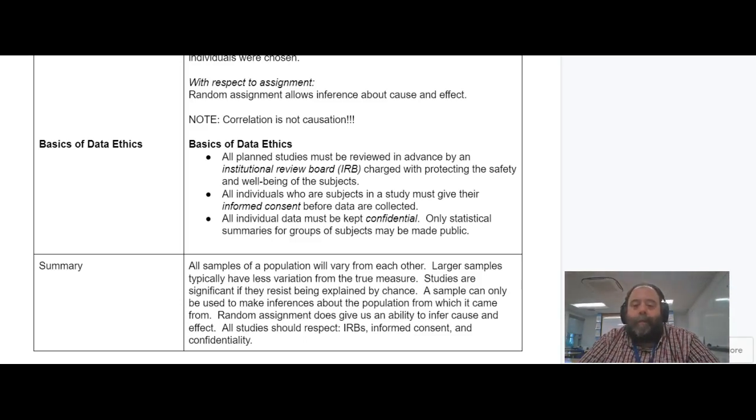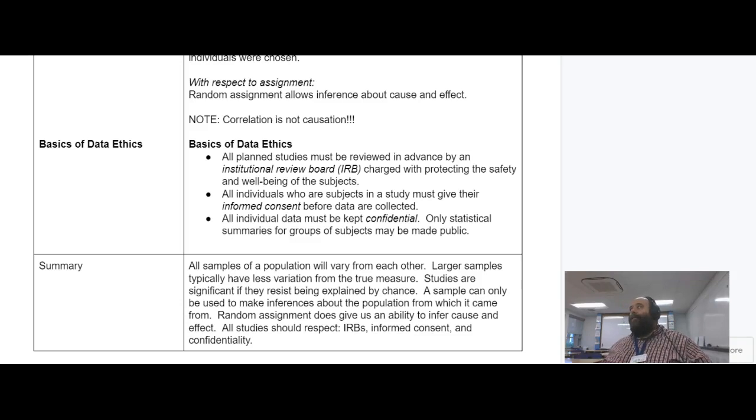All individual data must be kept confidential. Okay, so IRBs, consent, and there should be a reasonable expectation by the participants in the study that you are not sharing their data in terms of personally identifiable information. Okay, generally speaking, the ethics say that if you're sharing people's data, you should be sharing it in the aggregate, meaning that you're sharing it as, ooh, this group of subjects manifested this response, not this person did this.